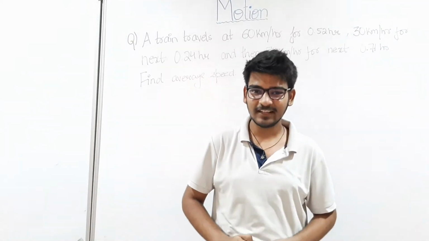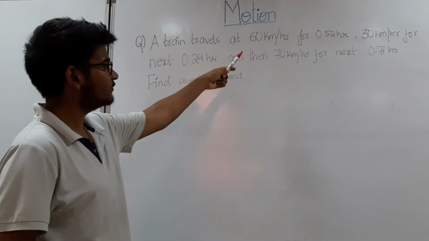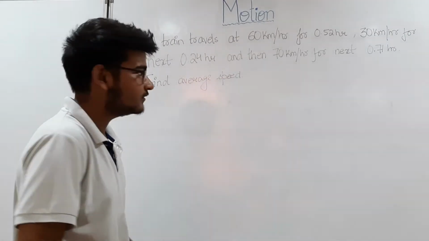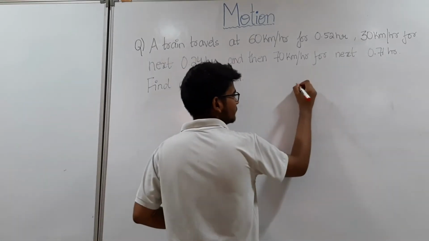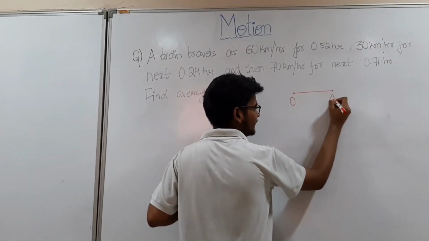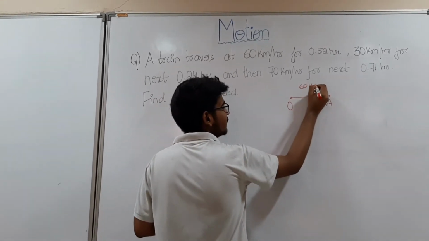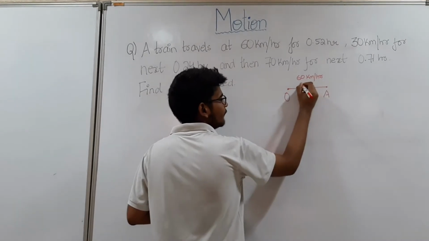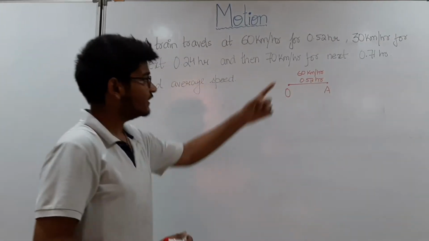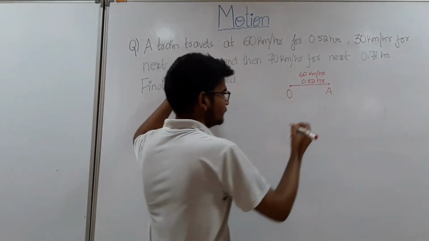So now let us take another example, that is a train travels at 60 kilometer per hour for 0.52 hours. So let O be the initial point. Until point A, it travels at 60 km per hour for 0.52 hours. Next, 30 km per hour for the next 0.24 hours.